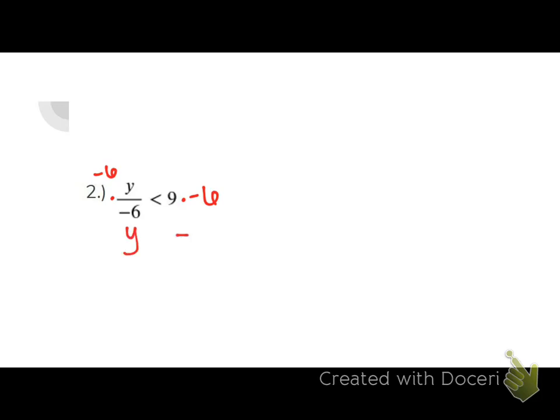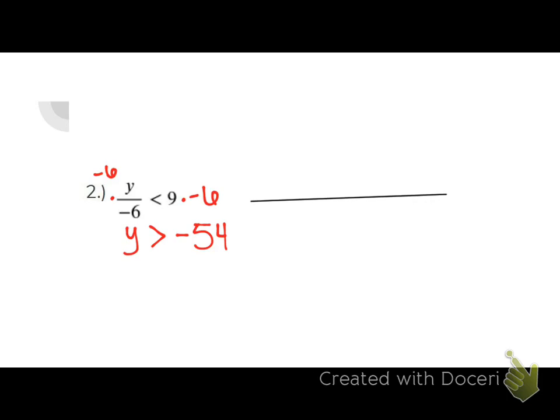Nine times negative 6 is negative 54. Wouldn't you have to flip it? Why? Because you multiplied by a negative. Very good. We multiplied both sides by a negative number, negative 6 on both sides. That means our inequality symbol has to flip or reverse or change. So it becomes a greater than symbol.